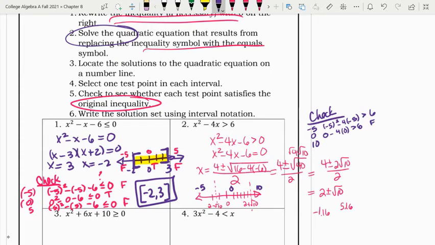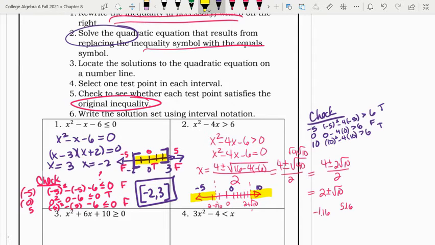I'm probably not adding right. So 25 plus 20 is 45. Oh, that's true. Sorry. 10, so you have 10 squared minus 4 times 10. Is that greater than 6? So 100 minus 40, that is true. So this side here is true, and this side is true.